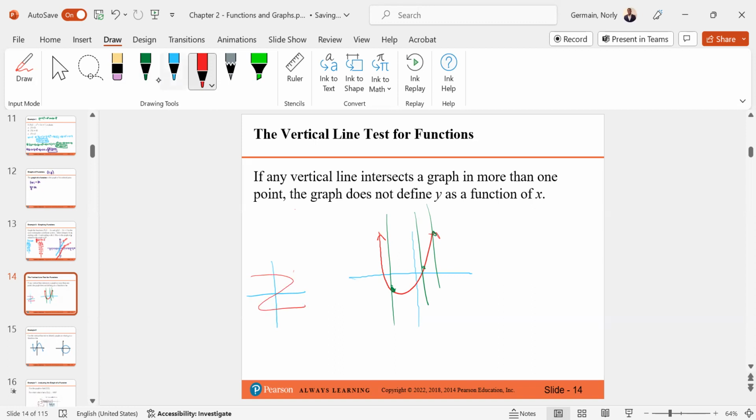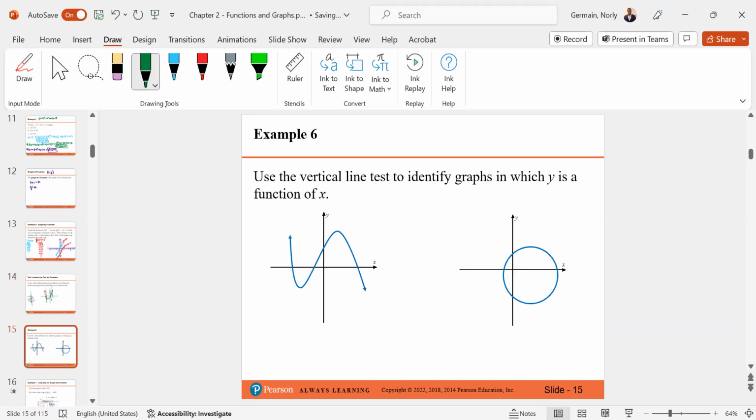So you see, a vertical line would intersect my graph more than one time. Because this would intersect my graph more than one time, this one is not a graph of a function. So that's why I need to verify and make sure we all agree on that. So for examples, look at these two. Use the vertical line test to identify graphs in which y is a function. If I call this one A and this one B, which one do you think is a function and which one is not a function?